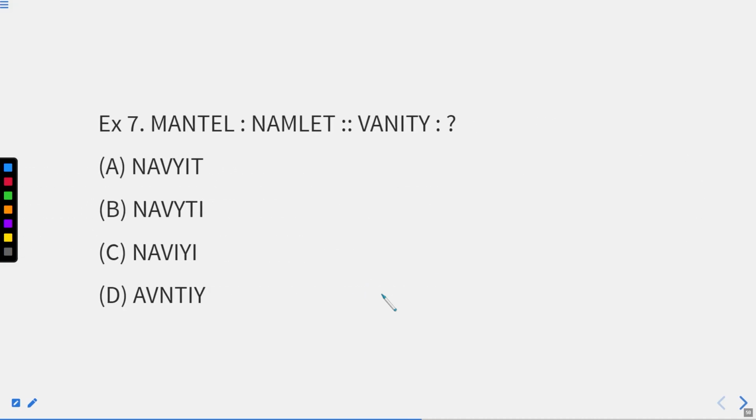Now, the next question. The procedure for the question will be, first we will rewrite the question figure. That is M, A, N, T, E, L, right? And if we rewrite it, what is the outcome that we are getting? That is N, A, M, L, E, T, right?